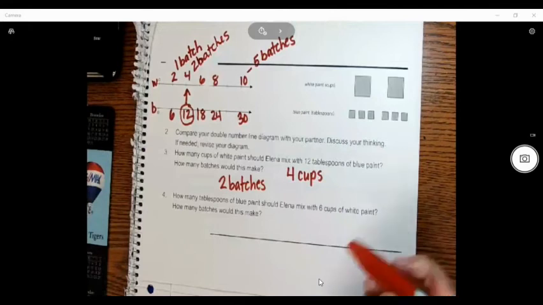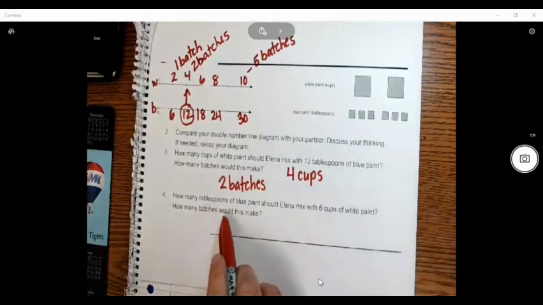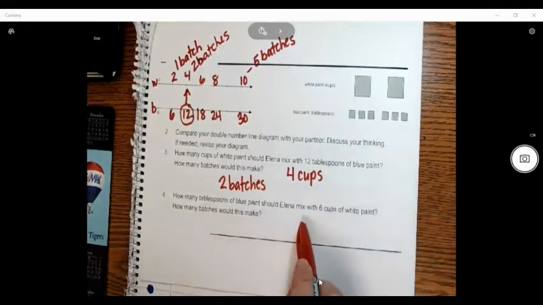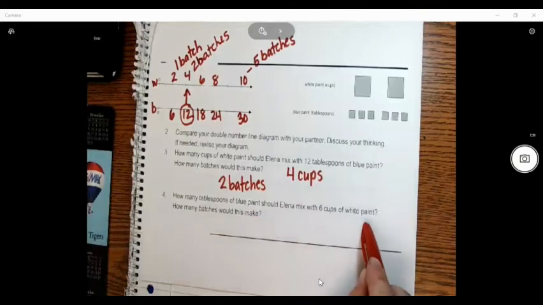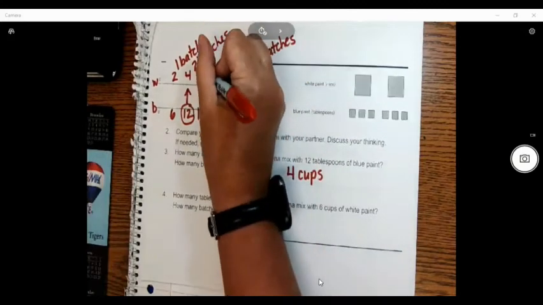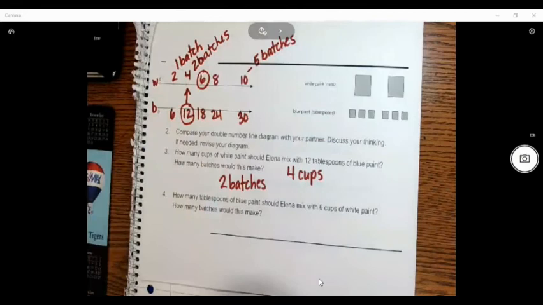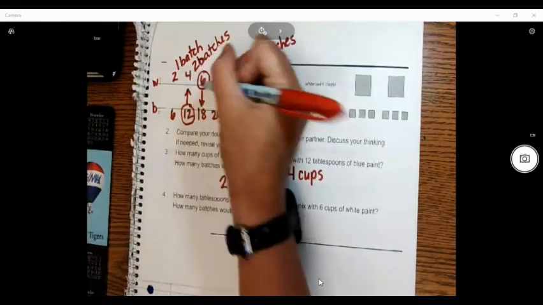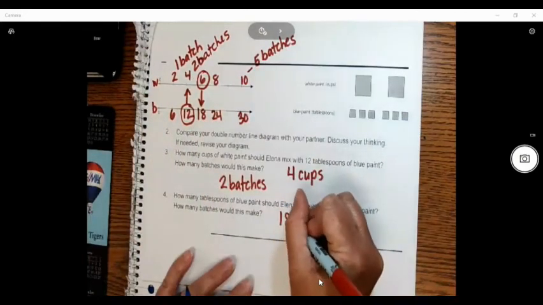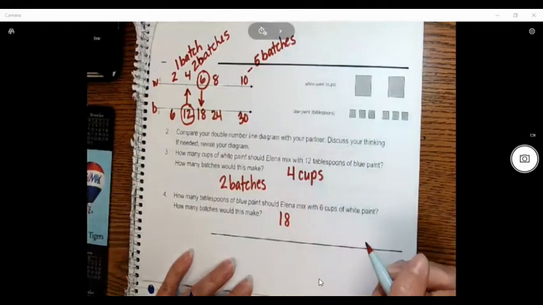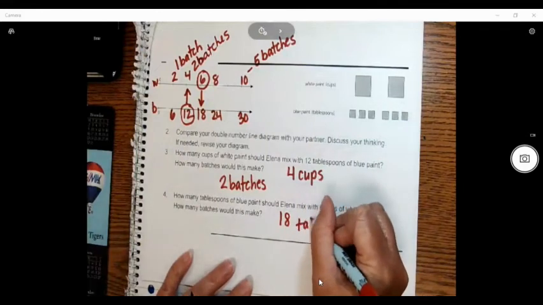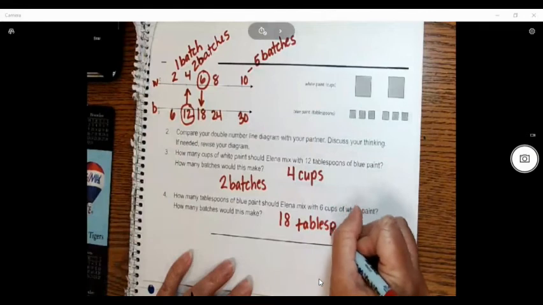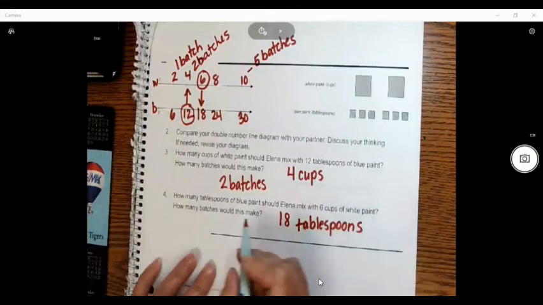Then we look here. How many tablespoons of blue paint should Elena mix with 6 cups of white paint? Well, here's our 6 cups of white paint. And how many tablespoons? We go down here, 18 tablespoons. I'm sorry, tablespoons. All right. And then the other, how many batches?